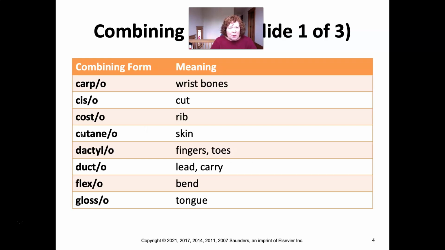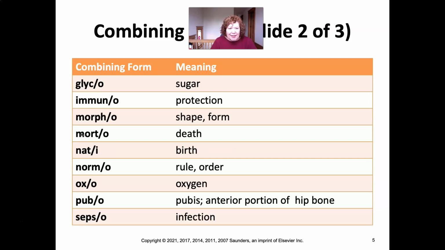So here we go. We've got some combining forms. Carpo, cisso, costo, cutaneo, dactylo, ducto, flexo, glosso, glyco, immuno, morpho, morto, nati.